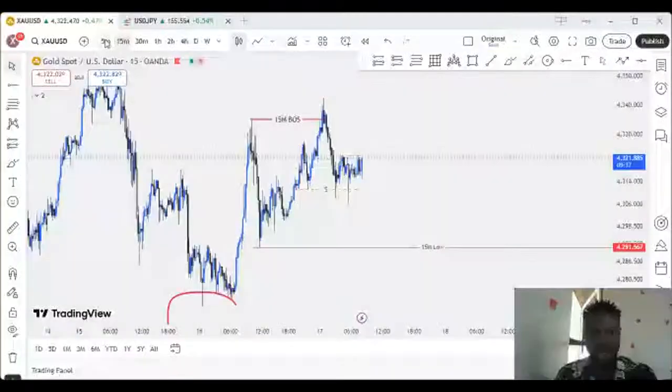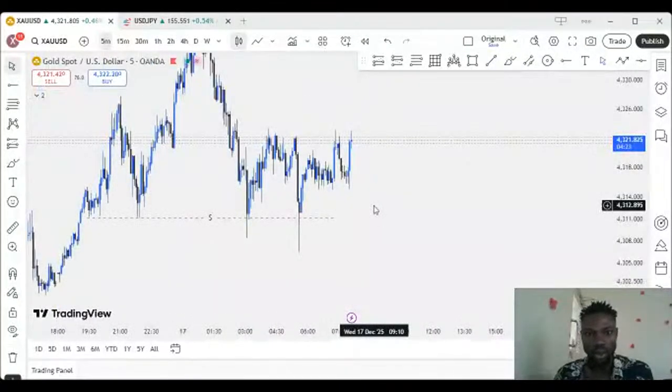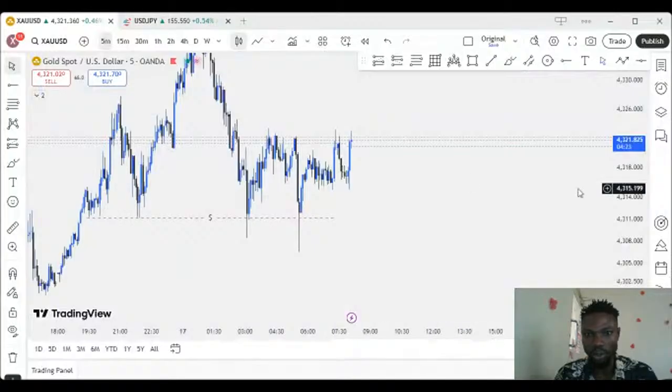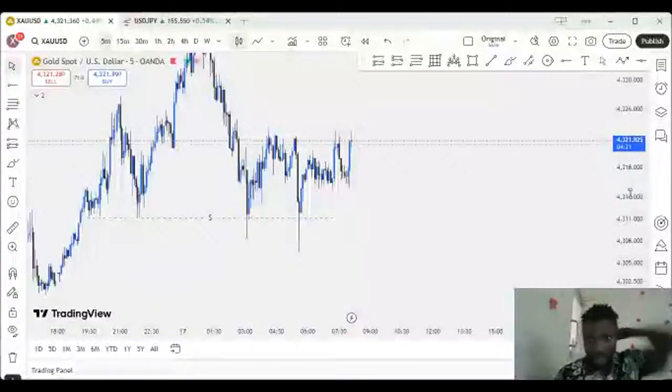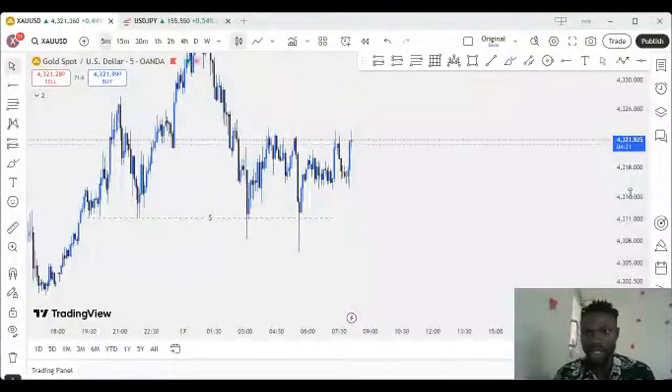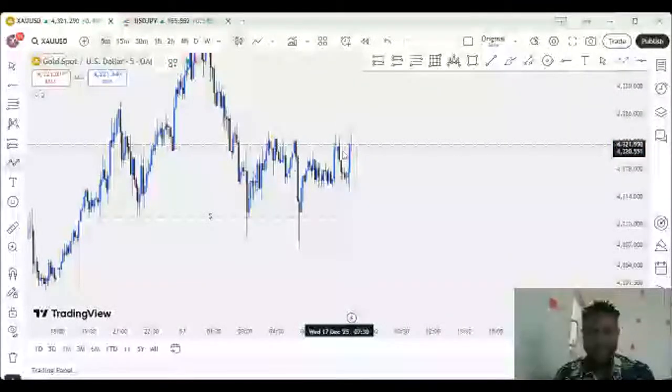Here is my sweet entry that I expect the market to give us. Let's see if the market would come back to that level to test this, to fill up this imbalance before we make an entry. And if not, we expect the market to do something like this. We test and fire up.